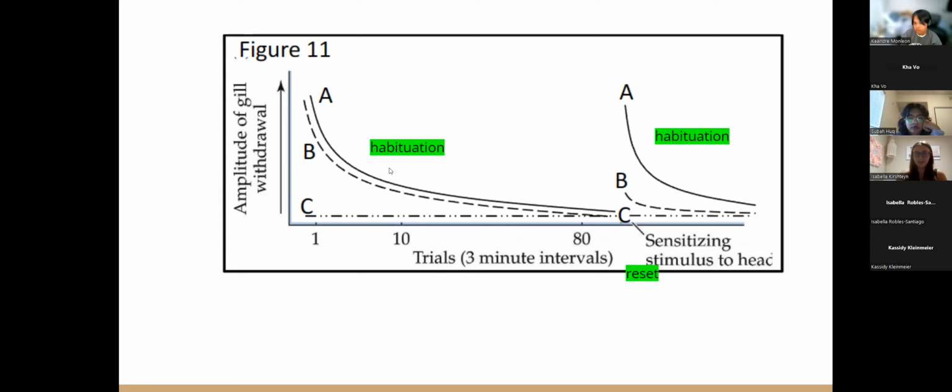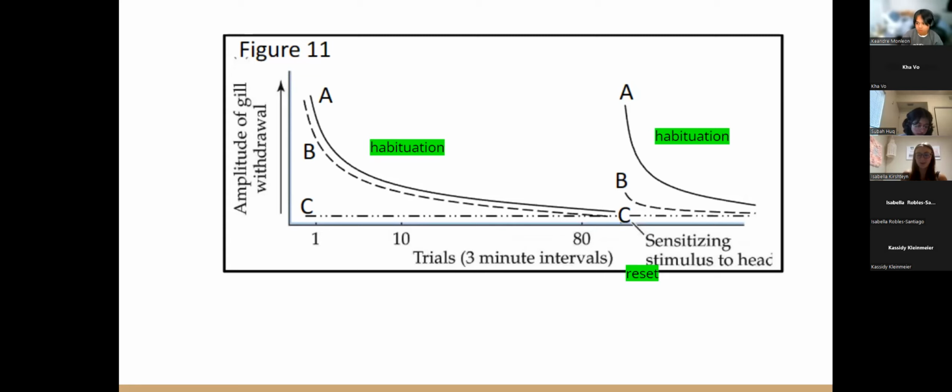There were a lot of questions relating to what could cause B. The main thing that is changing in B is that sensitization is not happening again. You don't get that big jump back up to the original level of withdrawal. What would have to happen to remove sensitization?